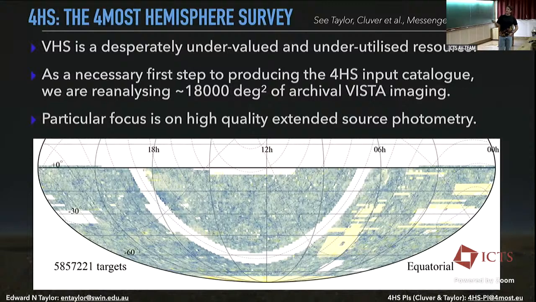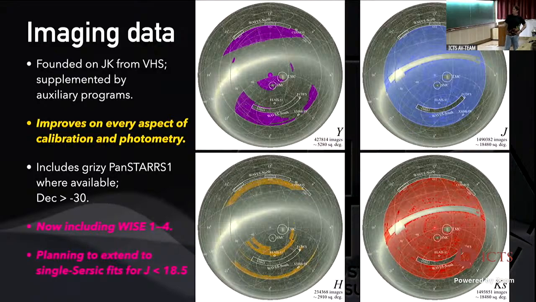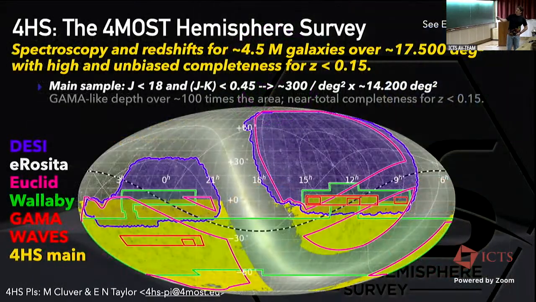The trouble is VHS is awful in just about every respect. So what you can see here is that it's extremely ugly and patchy and gross. We have made it good. So we've gone and basically pulled the whole Vista archive, reanalyzed the data, and we make it beautiful. I could talk for an hour on this, but I won't.